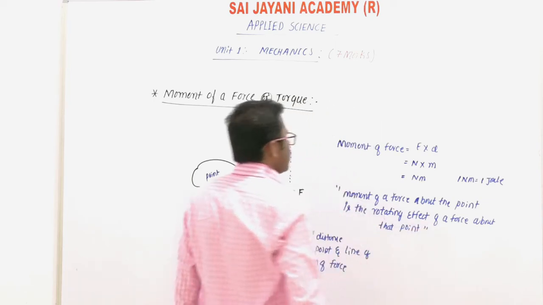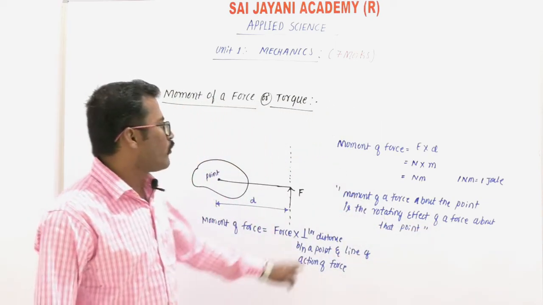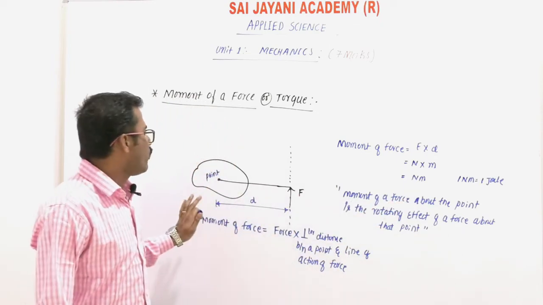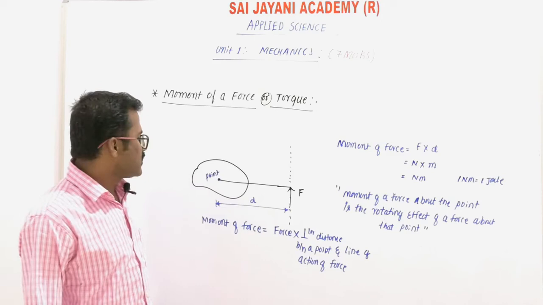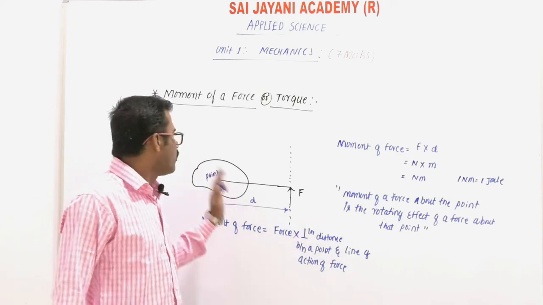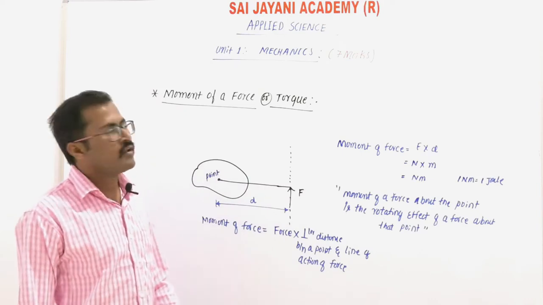So that is the definition. So what is moment of a force? Moment of a force about a point is the rotating effect of a force about that point, or simply it is the product of force and the perpendicular distance between the point and the line of action of force.